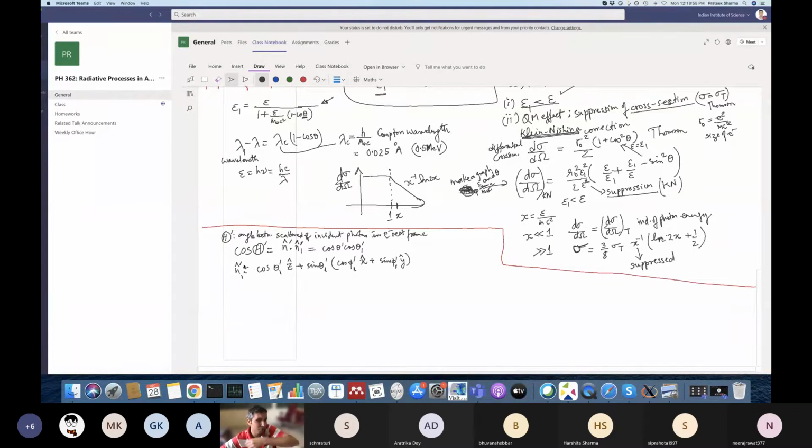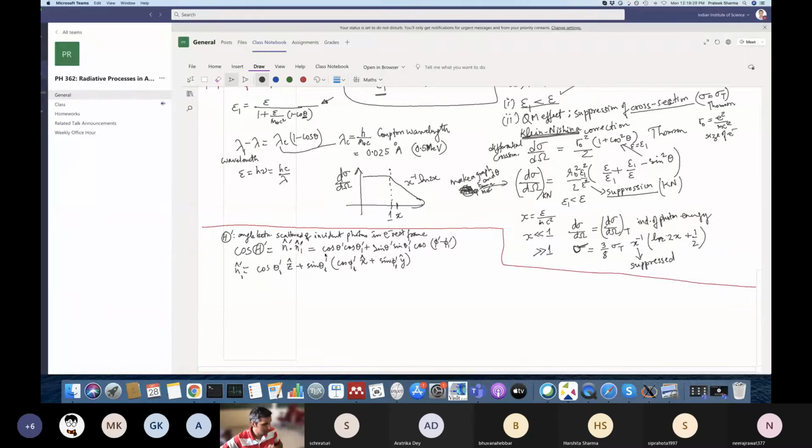So if you do the dot of n hat prime and n hat 1 prime, you get cos theta prime cos theta 1 prime plus sine theta prime sine theta 1 prime times cos of phi prime minus phi 1 prime. So this is that.